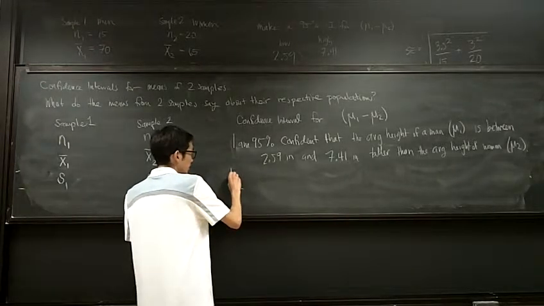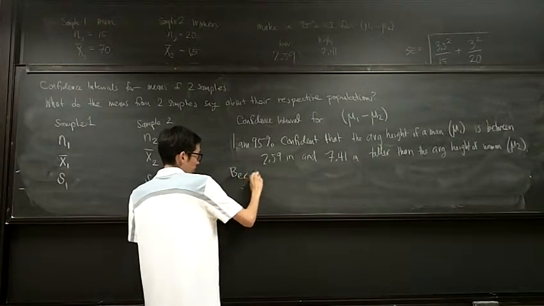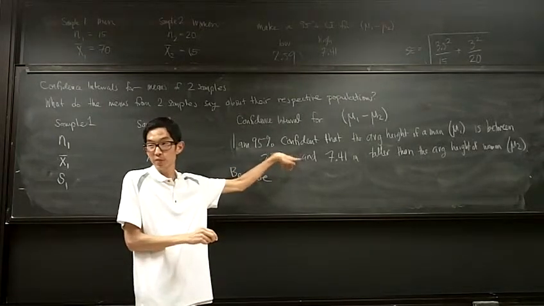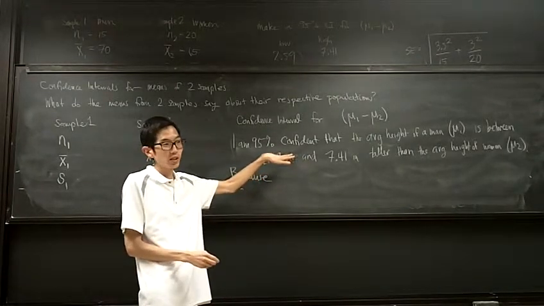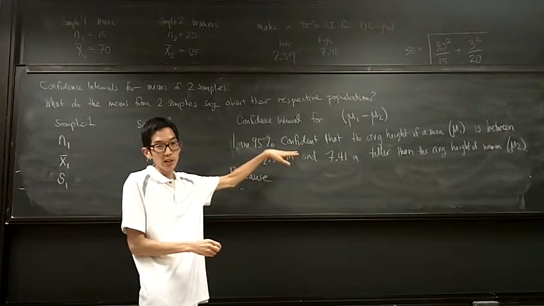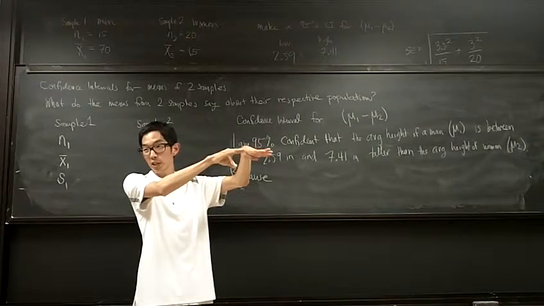So we would say, because 0 is not in my interval of possibility, meaning, if 0 were in my interval, that would mean it's possible for there to be no difference between the average heights.